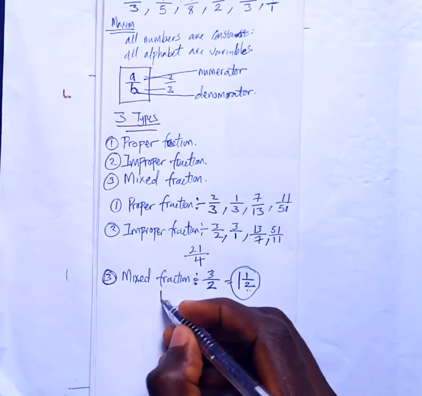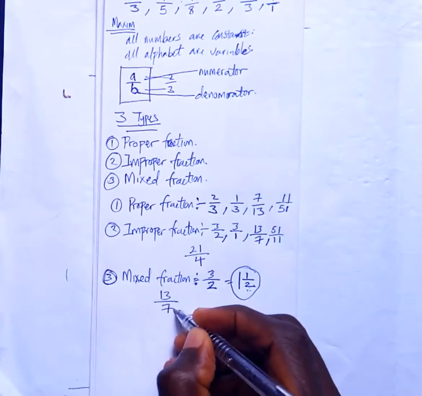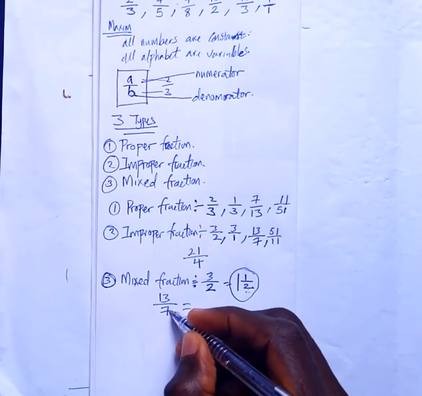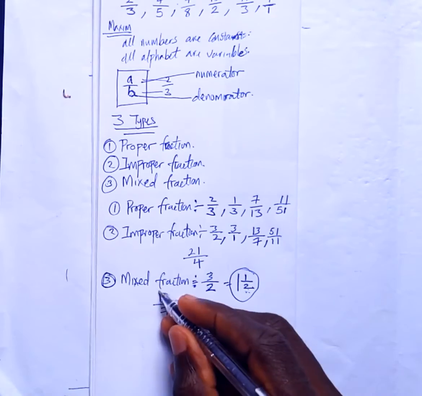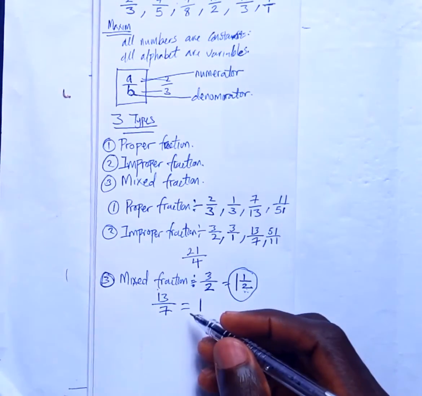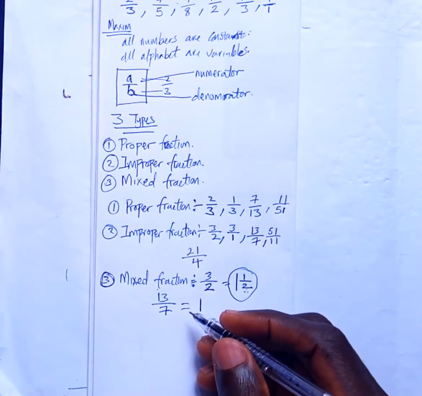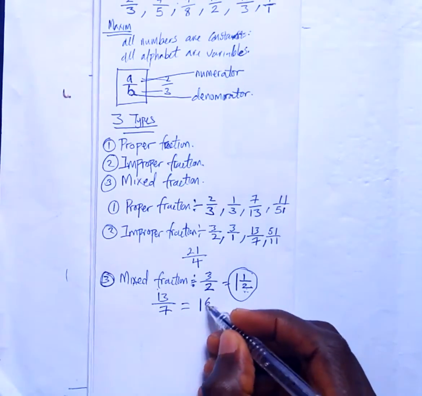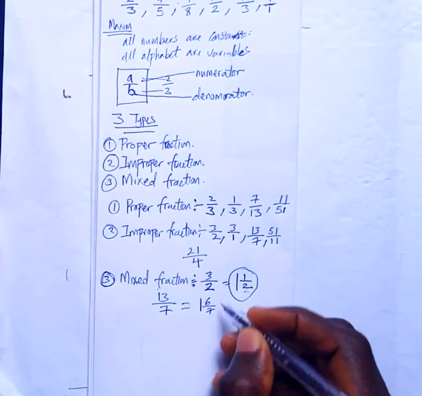For example, we have 13/7. How many 7s can we see in 13? 1. Then you subtract, 13 minus 7, that is 6. That is 6/7. This is a mixed fraction now.